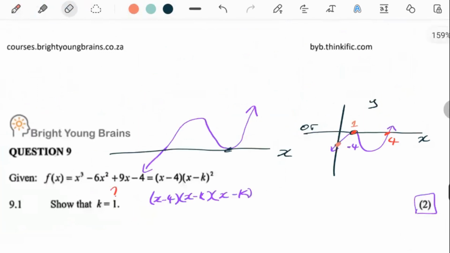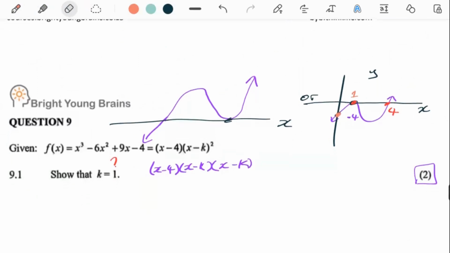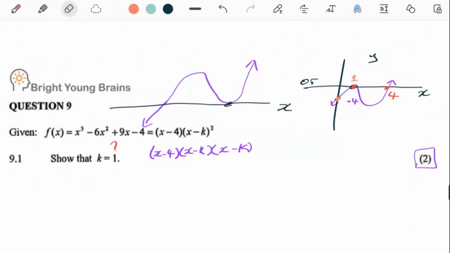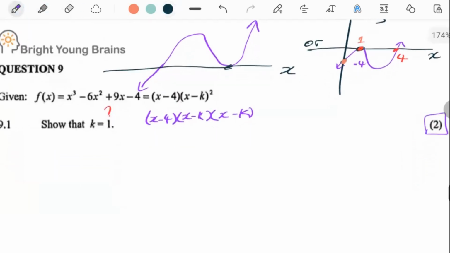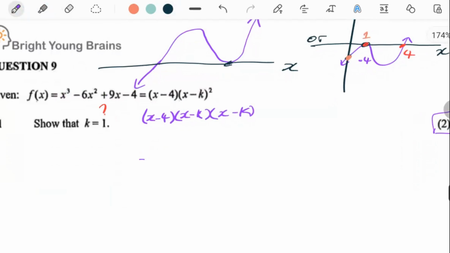So this image makes the best sense. So all that being said, it was just background information to help us easily work out this 2-mark question. So all we would do is, if you multiply out the brackets and you compare the two equations, let's multiply out the brackets.